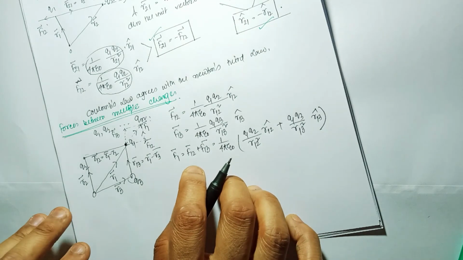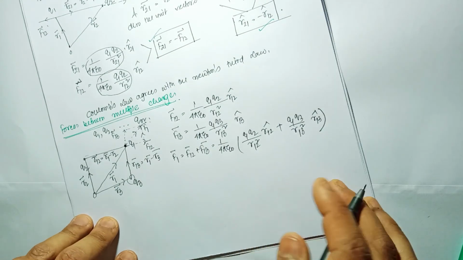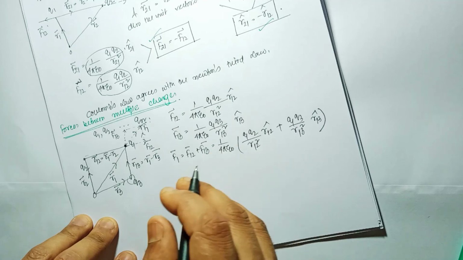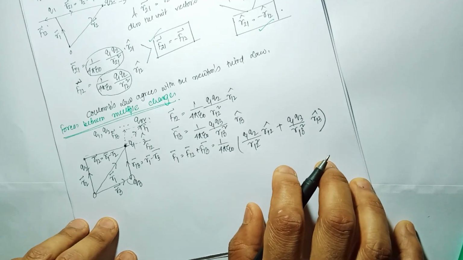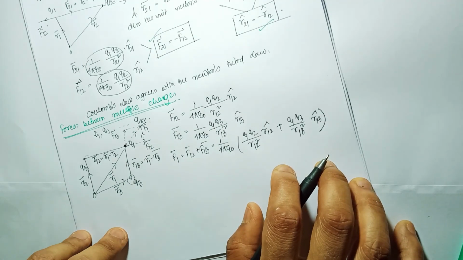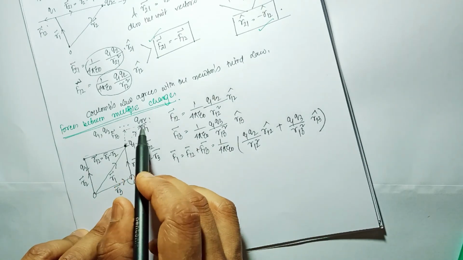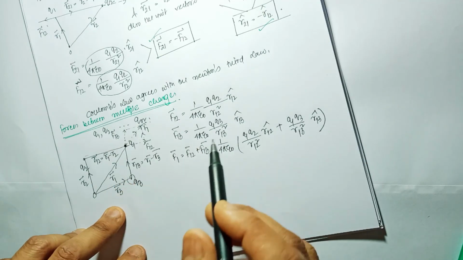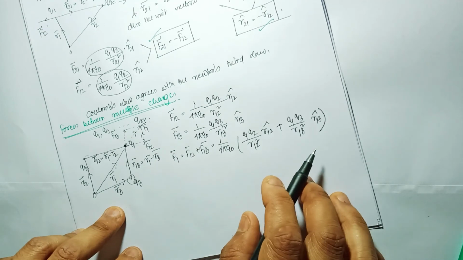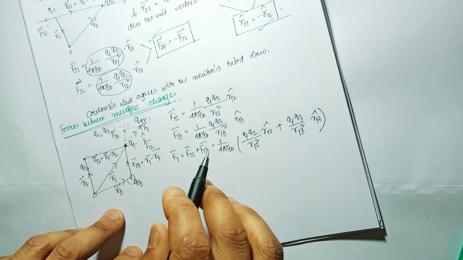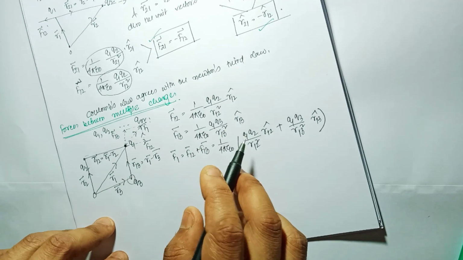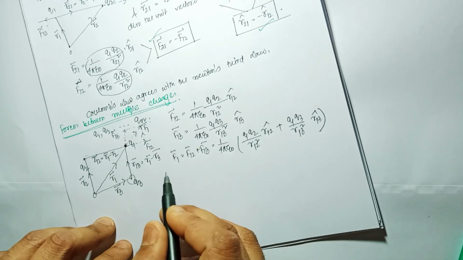Now we can generalize this sum for more than 3 charges. From the superposition principle, suppose there are n charges Q1, Q2 up to Qn, and the force on Q1 due to Q2 will be unaffected by the presence of the other charges, like Q3, Q4 up to Qn.